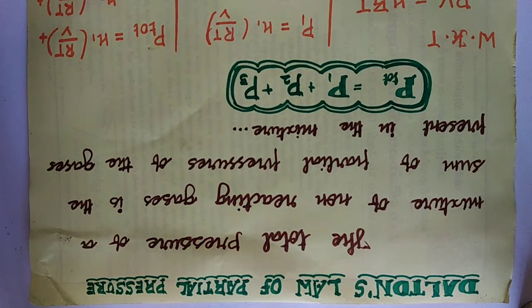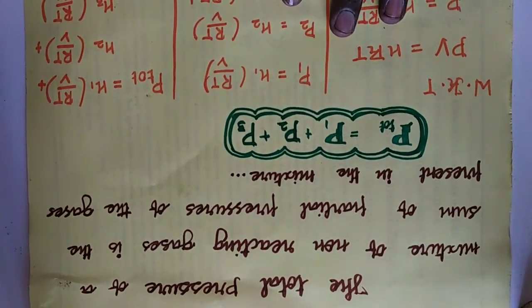If you have more than 3 gases, it keeps going, plus P4 plus P5 and so on. This is the mathematical expression of Dalton's law: P total is equal to P1 plus P2 plus P3.